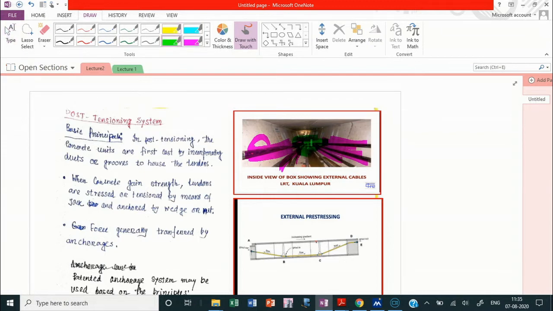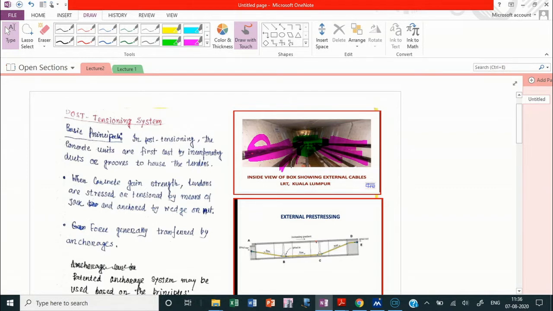Here you can also see a very unique thing: there is a block through which the tendons go, because I taught about the harping device.